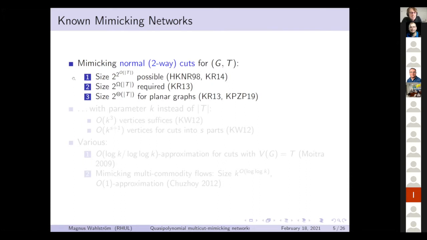You can get it in double exponential in T, which when you think of it is not too impressive, given you could just write down the list of all min cuts in 2 to the T size. But at least some upper bound exists. There are lower bounds saying you need exponential in T. And for planar graphs, there's a specific result that 2 to the order T is the correct behavior.